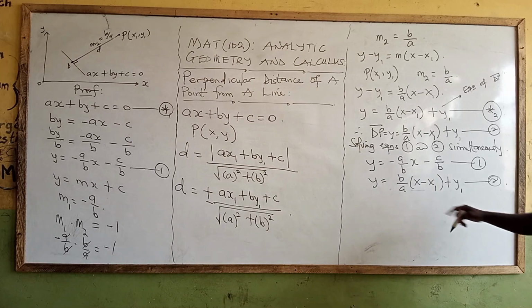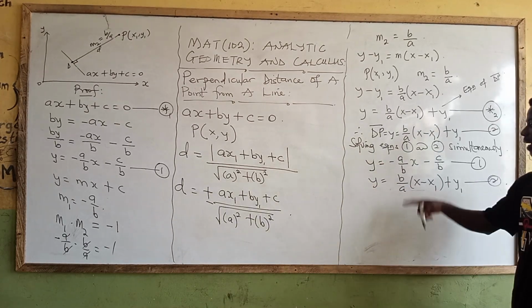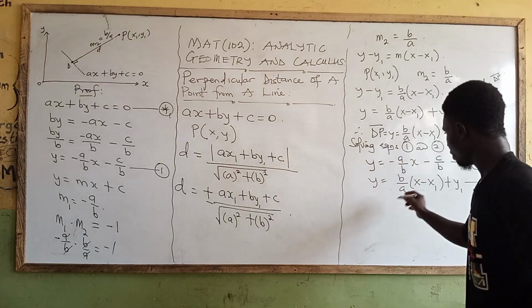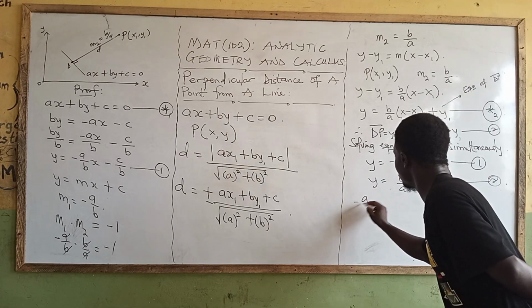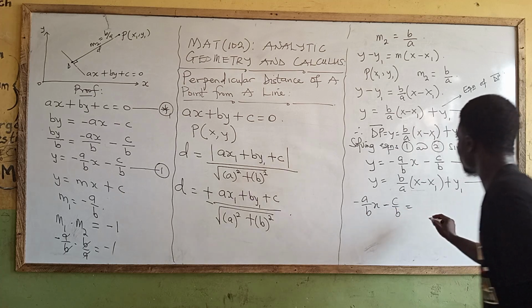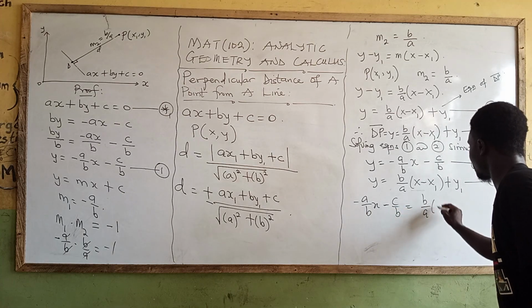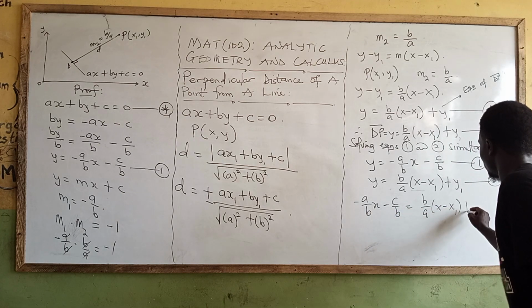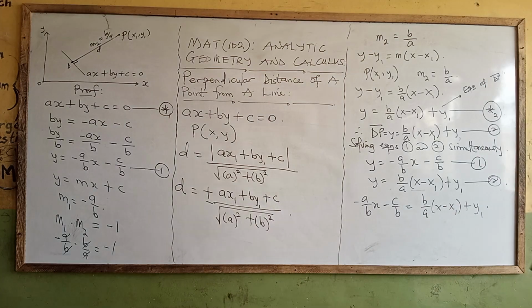Y is here, y is here, so we equate. When we equate, we get negative a over b x minus c over b equal to b over a times x minus x1 plus y1. So that's how we proceed.